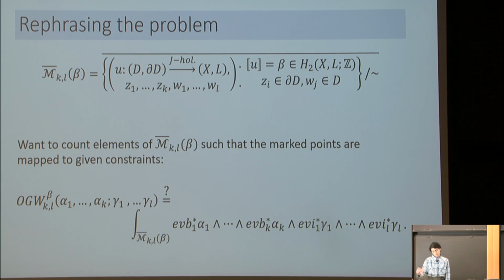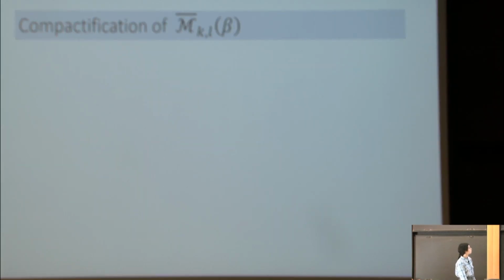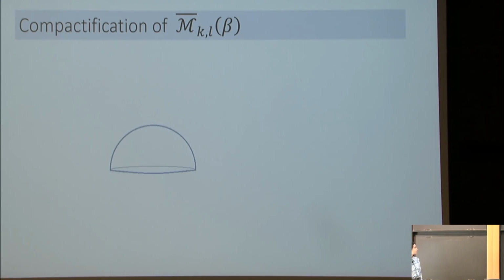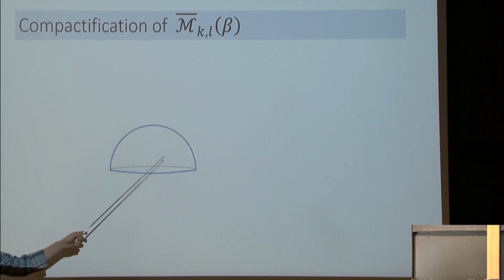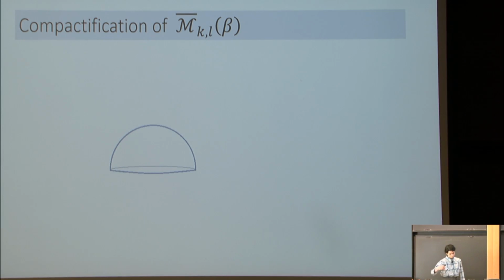Now here begins the place where open Gromov-Witten theory substantially diverges from the closed one, because the compactification is very much different. One thing that can happen in open theory, which obviously does not happen in closed theory, is, well, you will remember we had the situation where some region would develop too fast and it will bubble off.